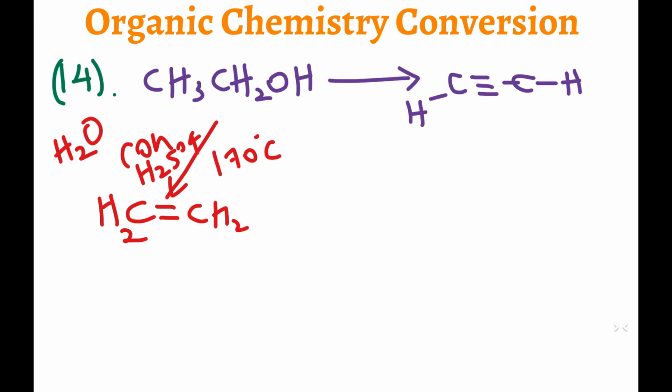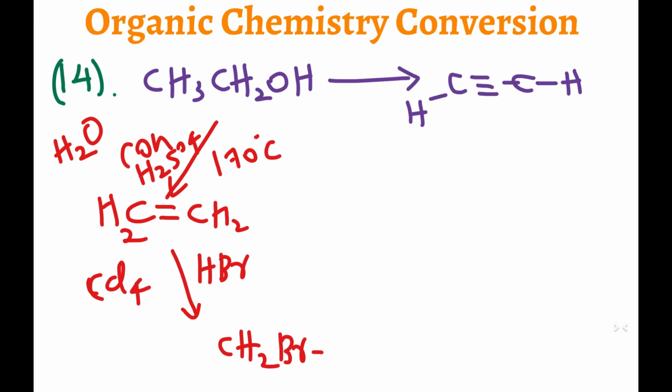After making ethene, we have to use HBr, hydrogen bromide in CCl4 medium. Then we will have CH2Br and CH2Br. Then now we have to follow only one step.